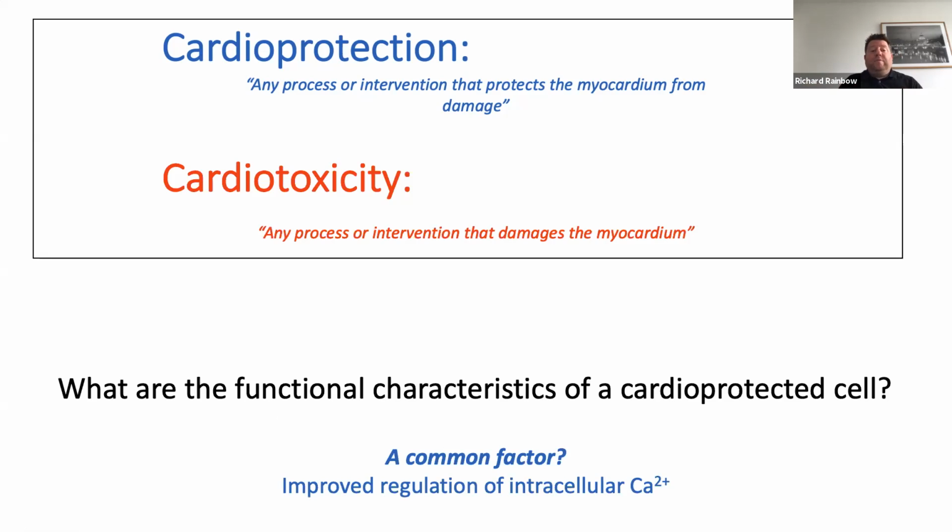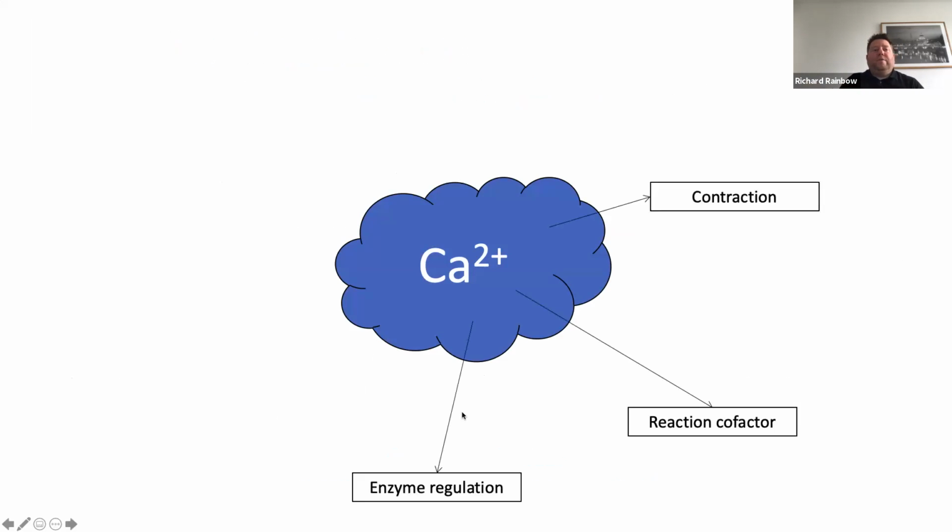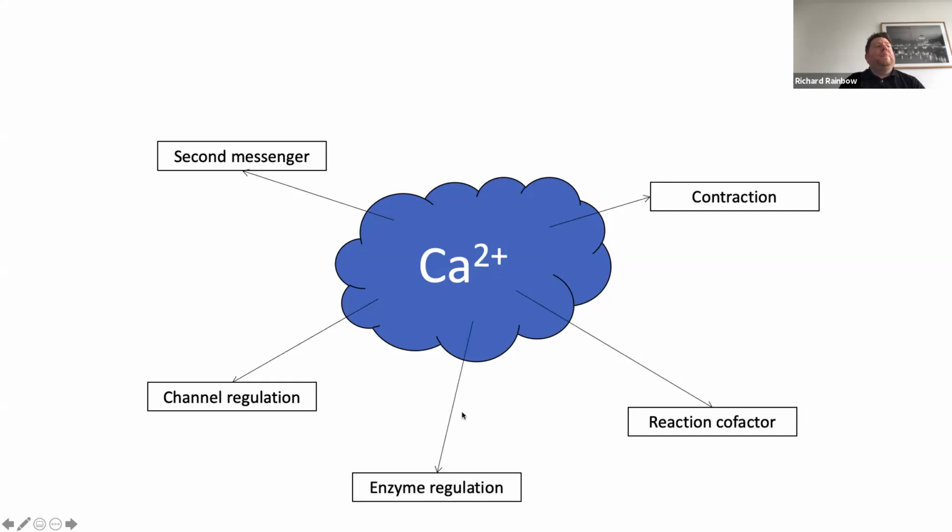And the common factor between all of these things seems to be an improved regulation of intracellular calcium. So obviously we all know that calcium is fundamentally important inside any cell, in particular inside a contractile cell, because it's the fundamental part of the contractile pathway. But it also has a lot of other roles within the cells that I've only alluded to with this little diagram here.